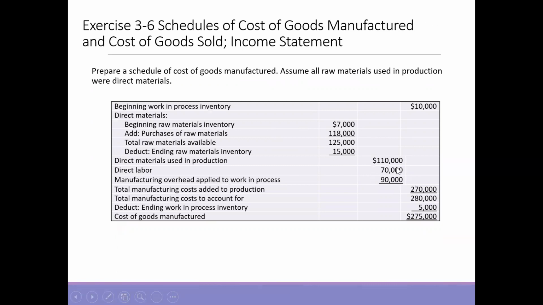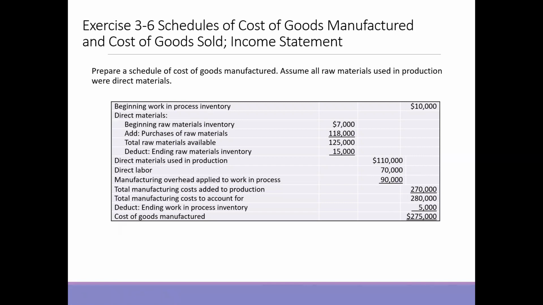We add our direct labor. We applied 90,000 to our work in process. So if we began with 10, we add our 270. We've got total manufacturing costs of 280.